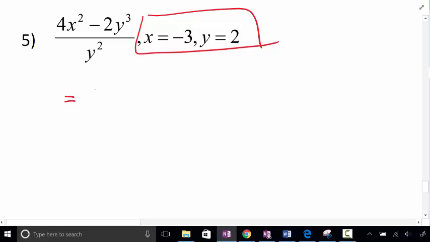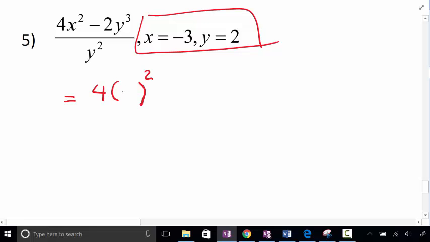So I write the question again. But this time, instead of putting x, I'm going to put bracket. Okay, so I'm going to start a bracket. So the x turns into a bracket like this. You got it? And inside the bracket, you put what x is supposed to be.